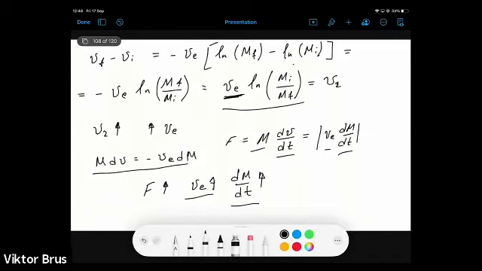Another factor which we still need to mention, also from this equation, we see that there is another parameter which can increase the velocity of the rocket. We have this logarithm here, and the ratio of initial mass to final mass should be as big as possible.